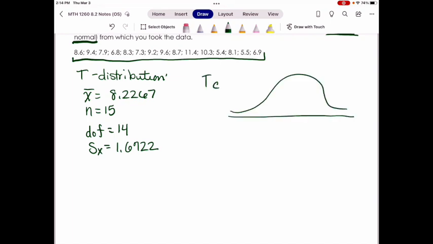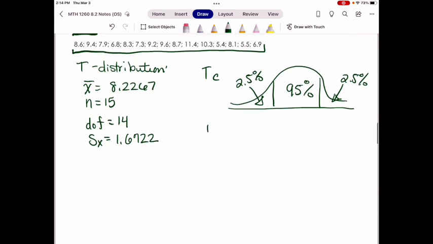Okay, the next thing that we need to know is our t-critical. If we're going to do a t-interval, we need our t-critical. This is going to be a 95% confidence interval, so I know that this area here is 2.5%, and this area here is 2.5%. So I'm going to use inverse t to find my t-critical.